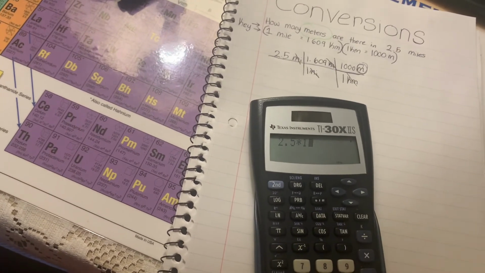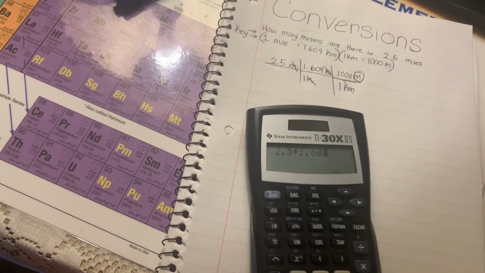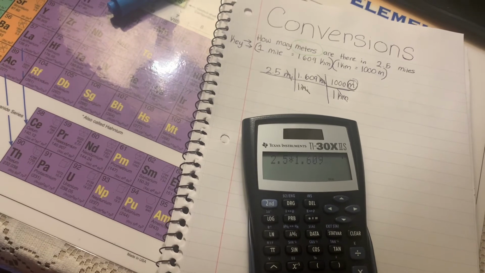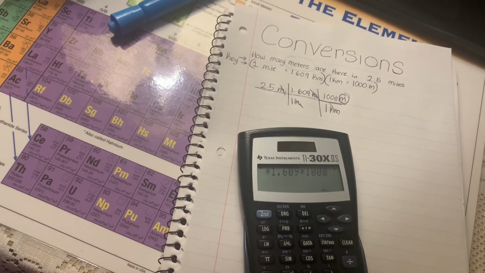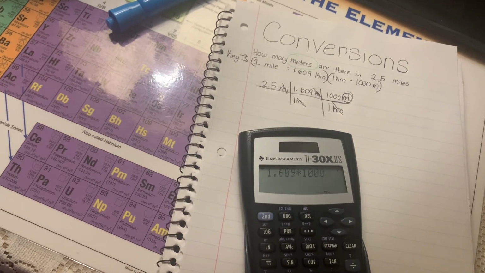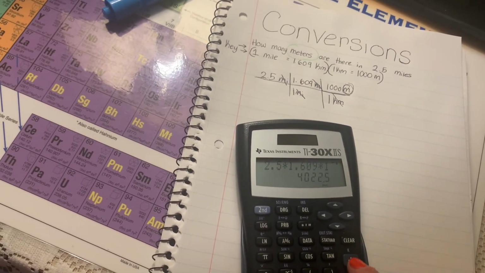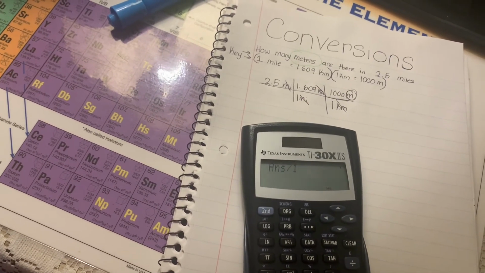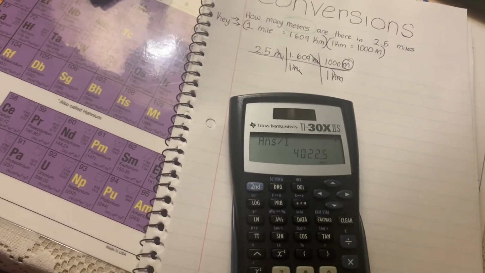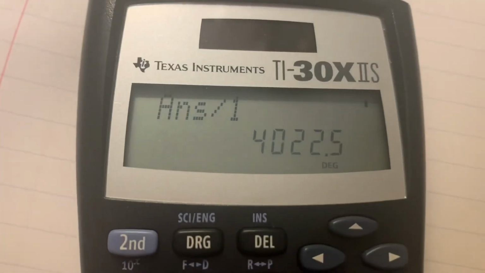5 times 1.609 times 1,000 equals, okay, and then divide by 1, which is going to give you the same thing, right? So there's the answer.